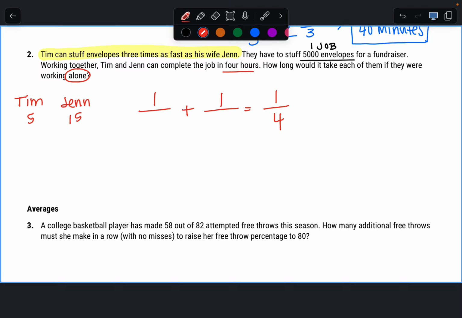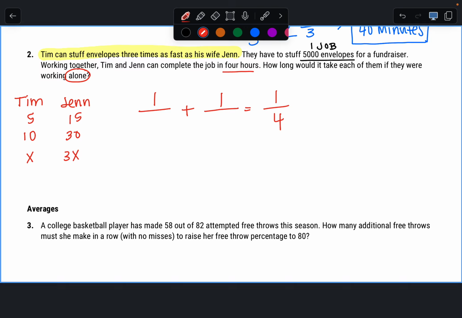Okay, so what if he did it in 10 hours? How long did it take Jen? 30, because she's 3 times as slow as he is. Okay, let's put it into a variable. If Tim is X, what is Jen? 3X, because if I think formula-wise, if I want the left side to be equal to the right side, 3X. 3 times as long.